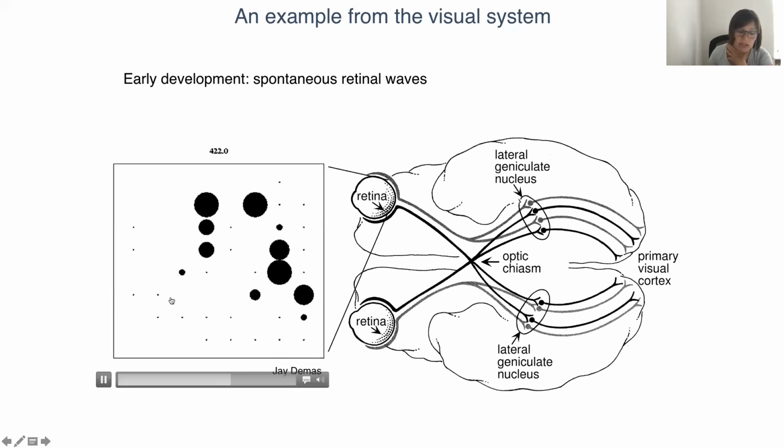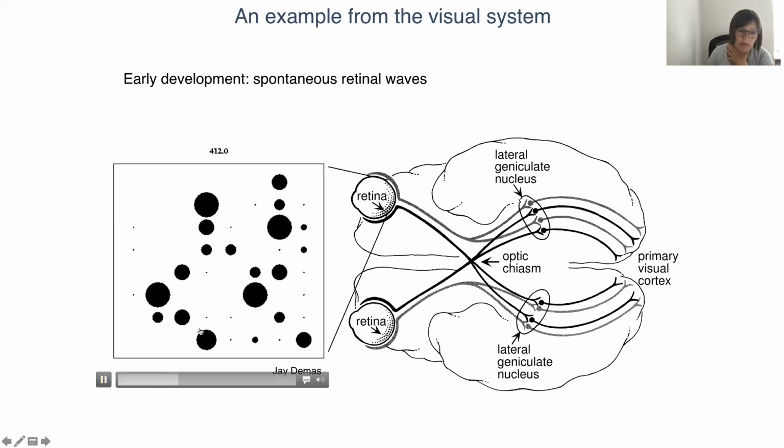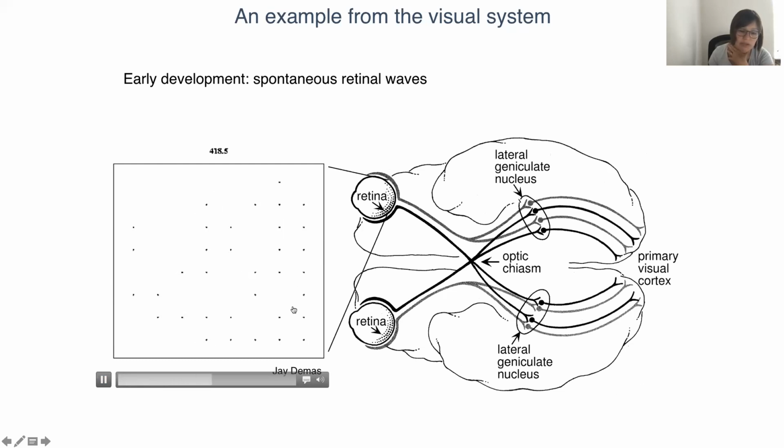Each of the little dots that you see is an electrode in a multi-electrode array. This array was put in a dish together with a retina that was extracted from the young animal. The big circles are activity patterns recorded at each of these electrode sites. The size of the circle denotes the amplitude of activity, the amount of firing recorded at that electrode.